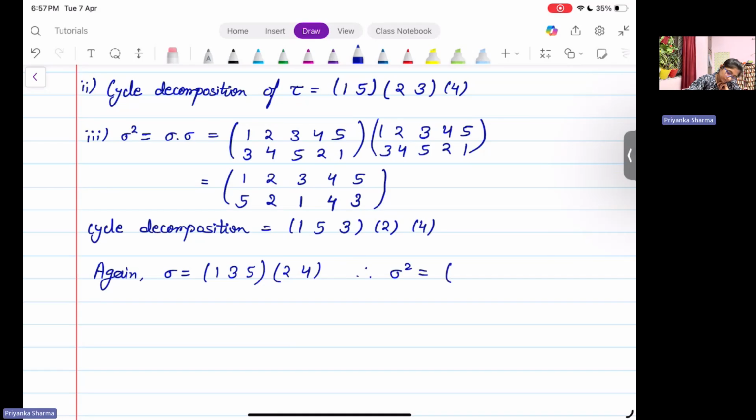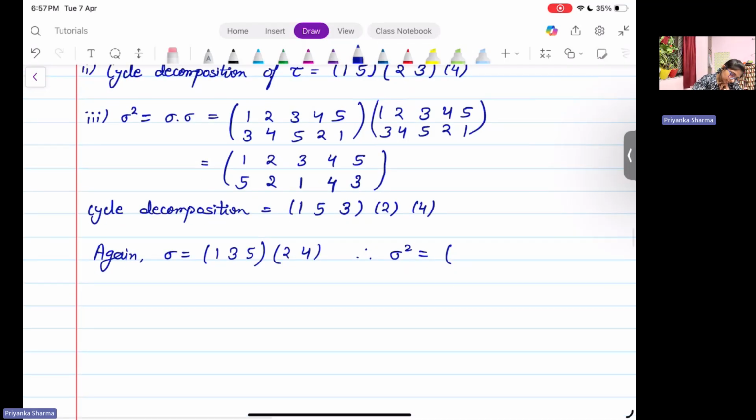What will be sigma square? Okay, so here we can see that 1 is mapped onto 3 and 3 is mapped onto 5 and 5 is mapped onto 1.